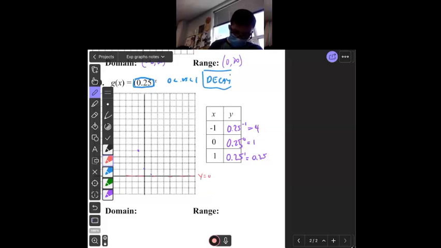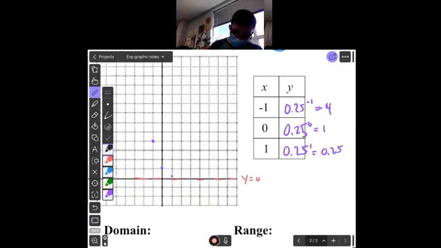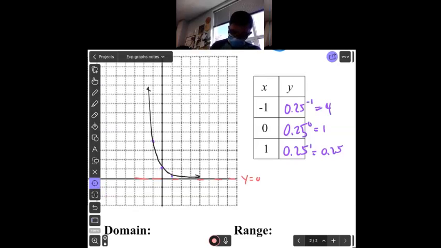Y equals 0. This one's very steep on that left side. Very steep decay. The closer that gets to 0, the steeper that decay is. And then on that right side, it's very flat. It's dropping really fast, 1/4 each time.